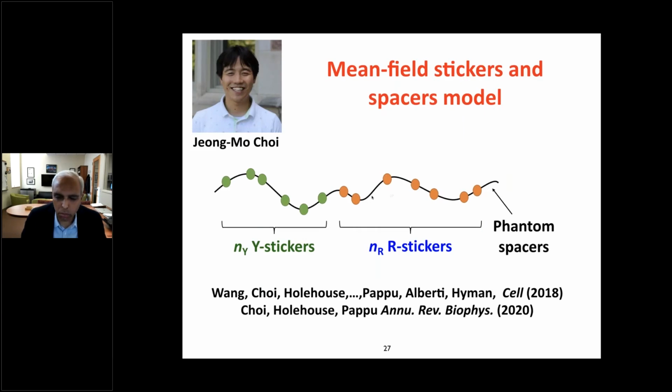So what Jungmo did was he stepped back through the theory and said, well, let's not get beholden to calling these things anything. We'll simply stipulate that the stickers in the PLD are the tyrosines, the stickers in the RBDs are the arginines.